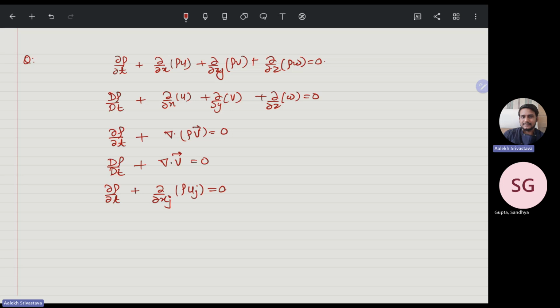So it can be written in this form also. So these are all the expressions of the continuity equation, all forms of the continuity equation.